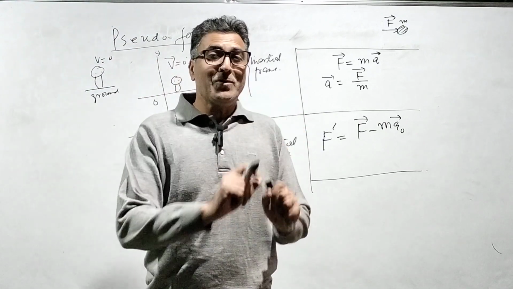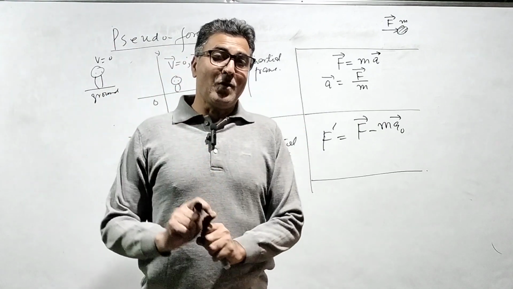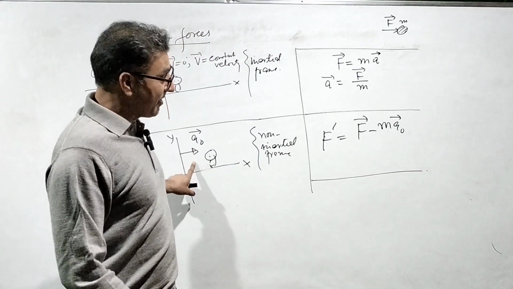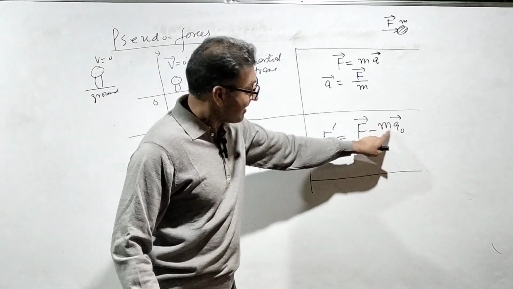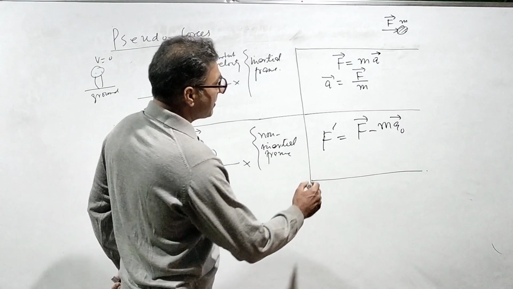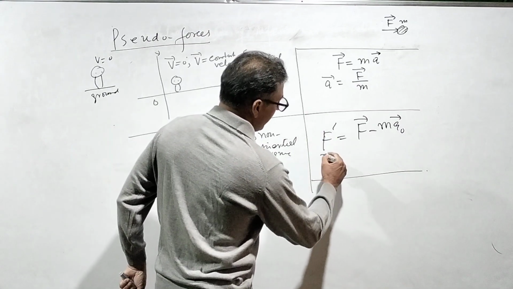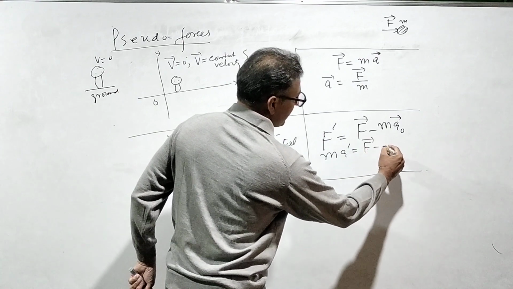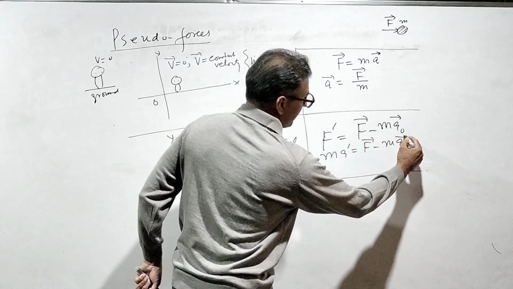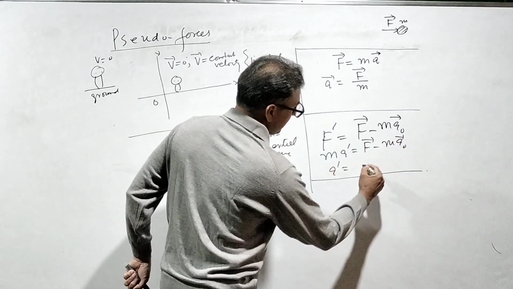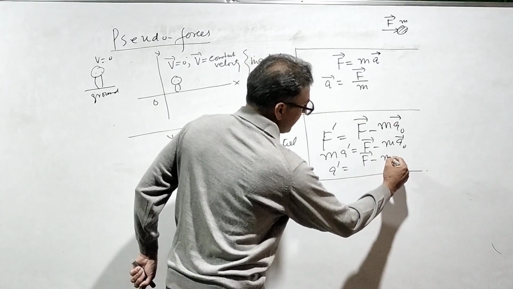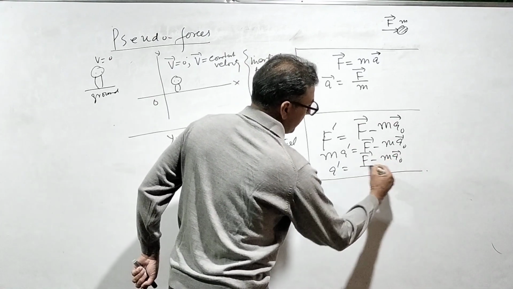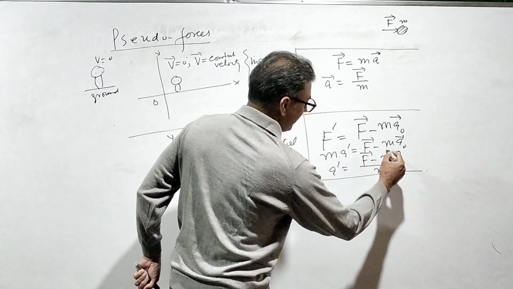In addition to the real force, he feels there is an additional force on the object opposite to his acceleration, minus ma0. And I ask him, what is the acceleration? He will write F' equal to ma' is equal to F minus ma0. That is, acceleration a is equal to F minus ma0 divided by m.